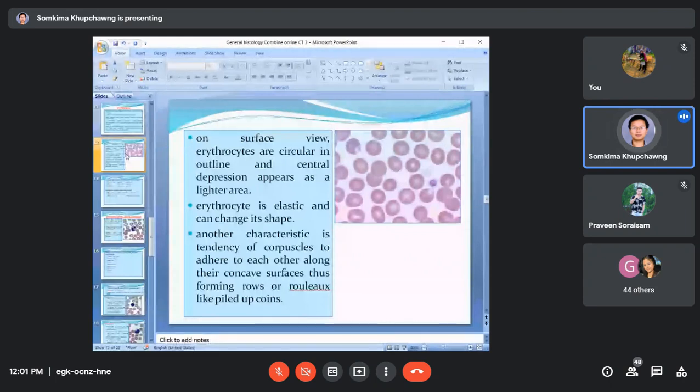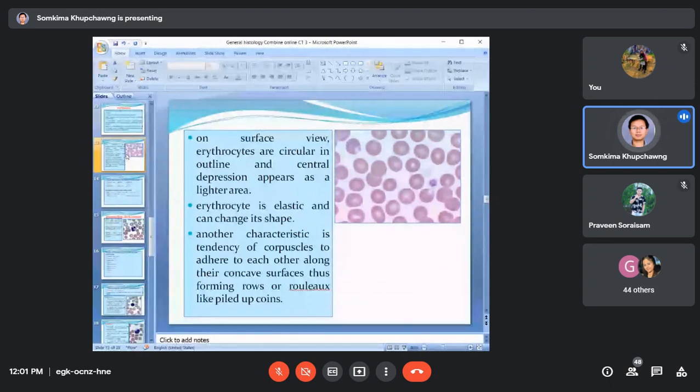The erythrocyte is elastic and can change its shape. Another characteristic is a tendency of the corpuscles to adhere to each other along their concave surface, thus forming rows or rouleaux-like piles of coins.